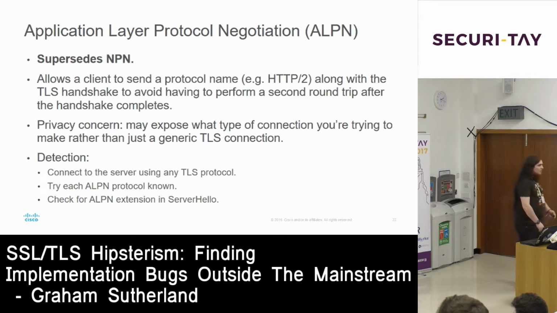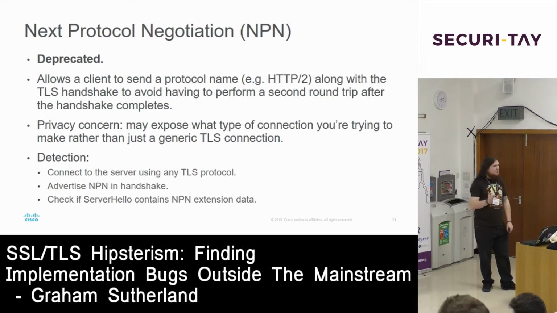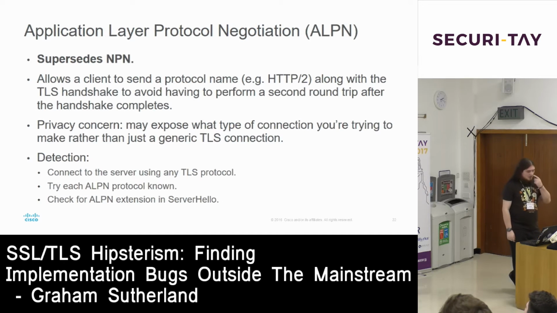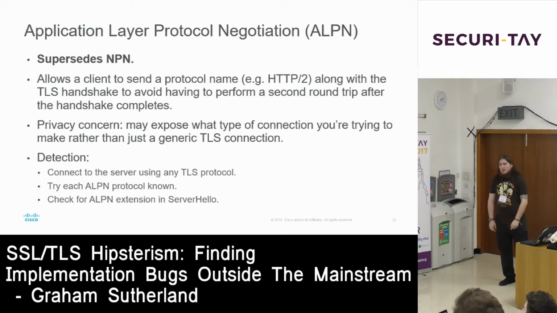The difference was that NPN was weird because it required an additional message type in TLS, which is something that they like people not to do in their specs, which is, I think, probably one of the reasons they got rid of it. And ALPN works just as a TLS extension and a response. So they switched over to ALPN.